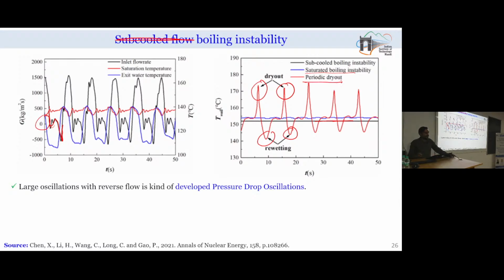But whenever we are having the occurrence of periodic dry out, like all of a sudden a significant amount of vapor is produced, which is completely covering the entire periphery of the tube, there we will be having a sudden significantly high rise in temperature, and during the re-wetting process a significant fall in the temperature. So, our heater surface will be subjected to periodic rise and fall of the temperature.